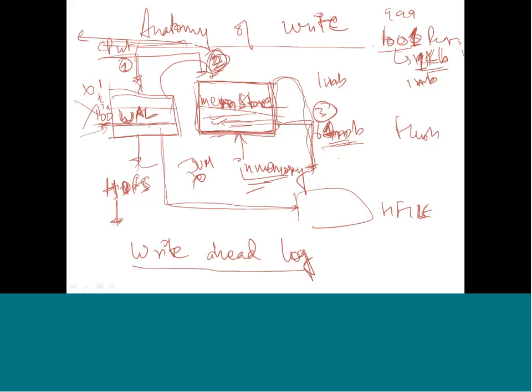You just say disregard anything before 100 because I just persisted everything into H file. So now what is unflushed onto the disk is 101. So write-ahead log file is basically a mechanism or a medium by which you are able to recover a failed JVM memstore or whatever.